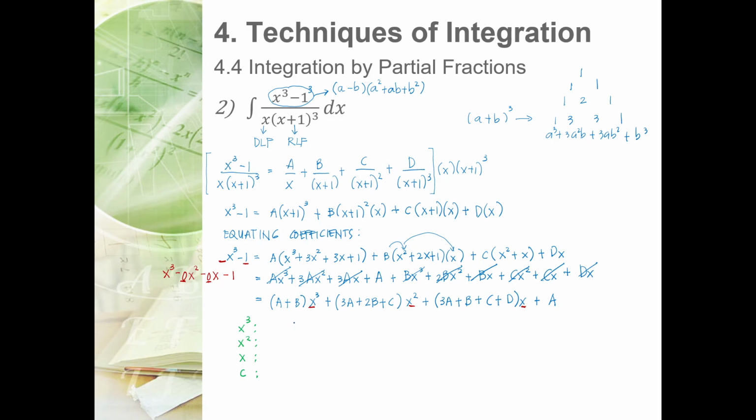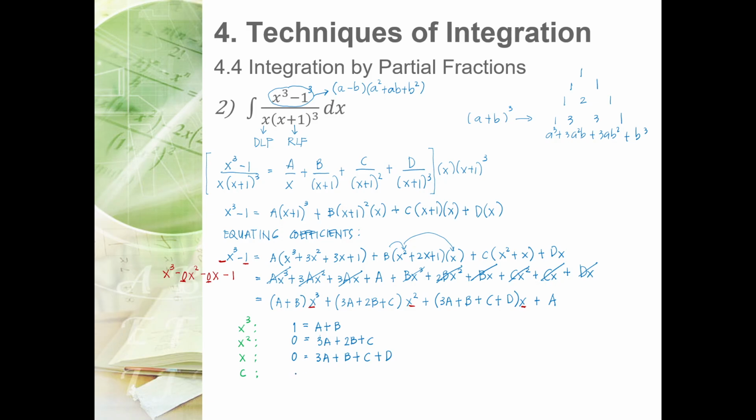Okay, so the first is 1 equals a plus b. The second one would be 0 is equal to 3a plus 2b plus c. The third one would be 0 equals 3a plus b plus c plus d.